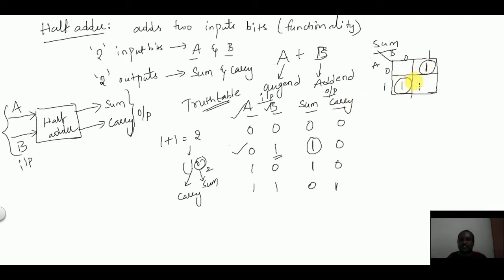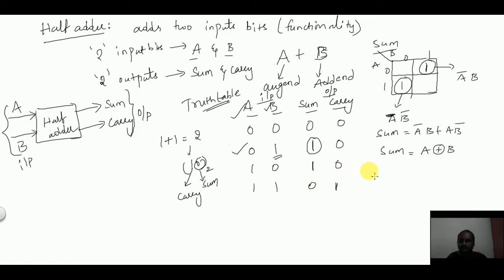Since we cannot group them, the output of one combination is A B bar and the other is A bar B. So sum is equal to A bar B plus A B bar. That means XOR operation, so sum is equal to A XOR B.